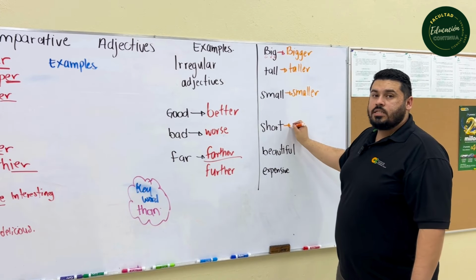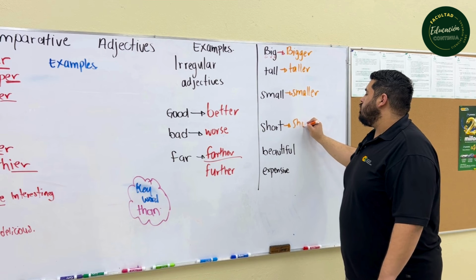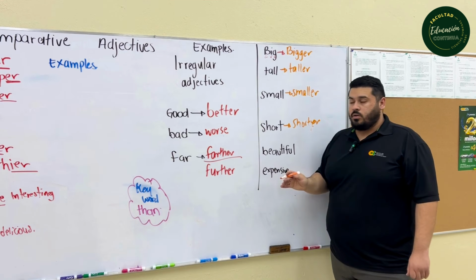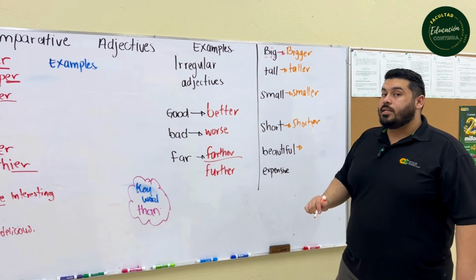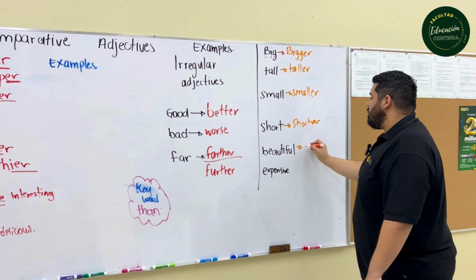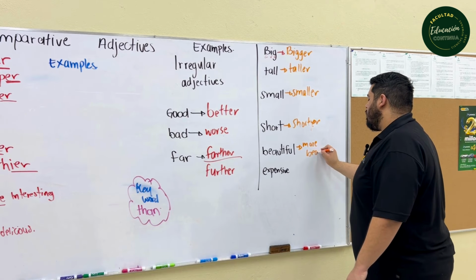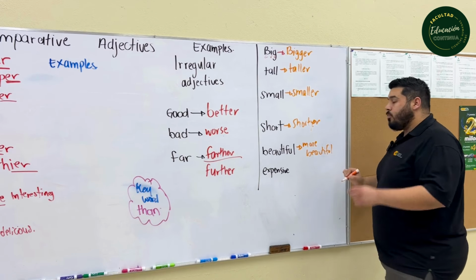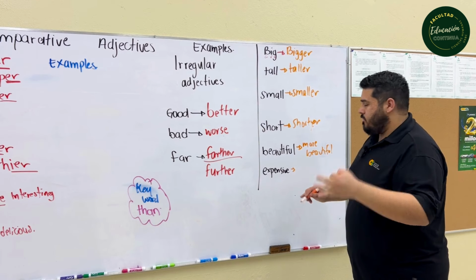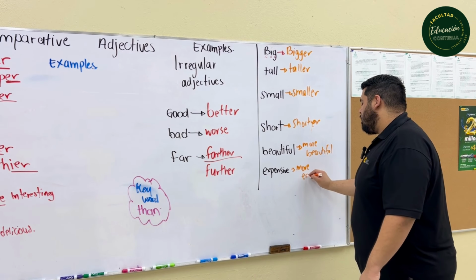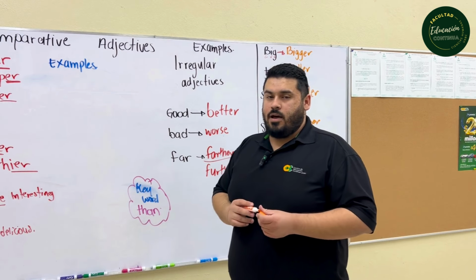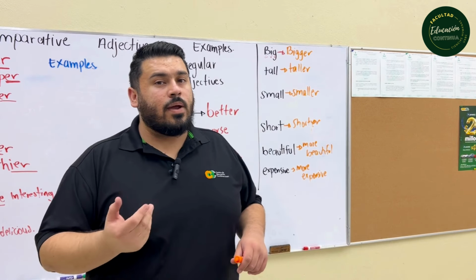Short changes to shorter. Beautiful, how many syllables do we have? Three syllables. So in this section it's going to be more beautiful. Or expensive, more expensive.